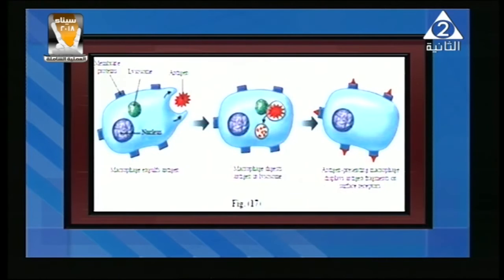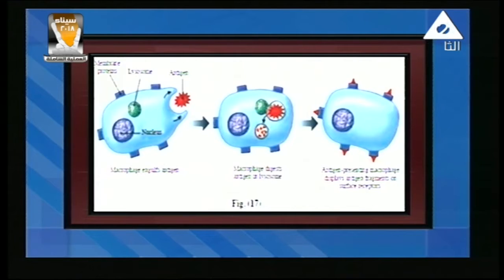And after that, this is a picture to show us the antigen that is presented in the macrophage, and it displays the antigen fragments on the surface of the receptors, and also the macrophage engulfing the antigen. After that, what happens to the T helper?